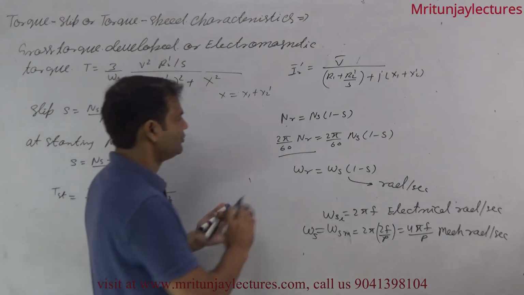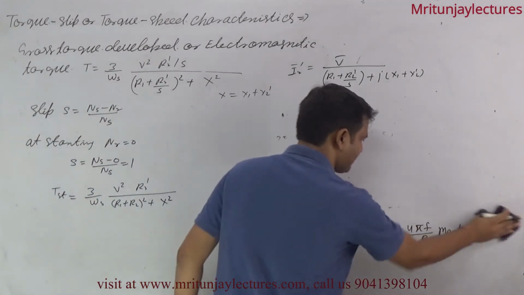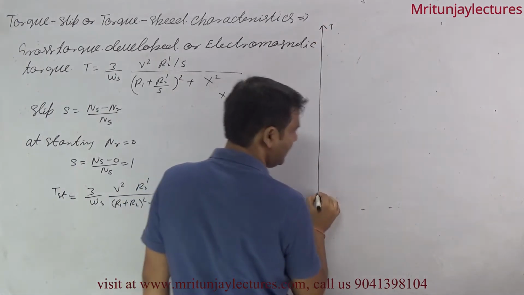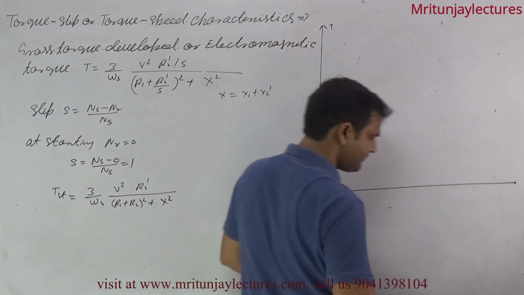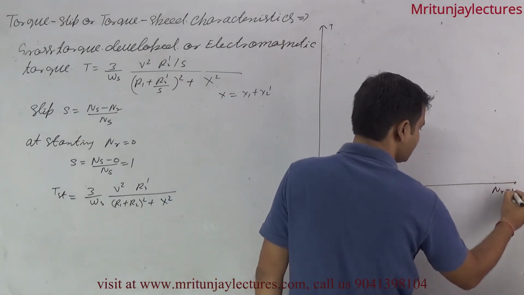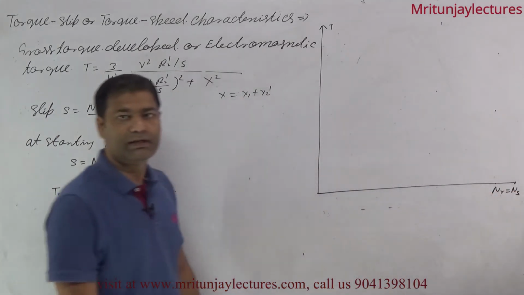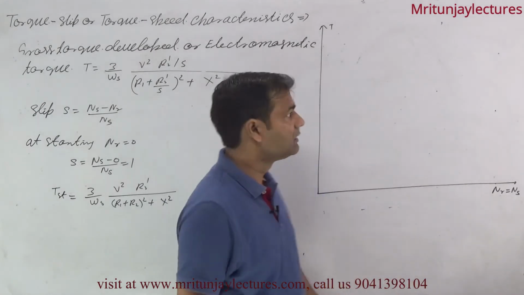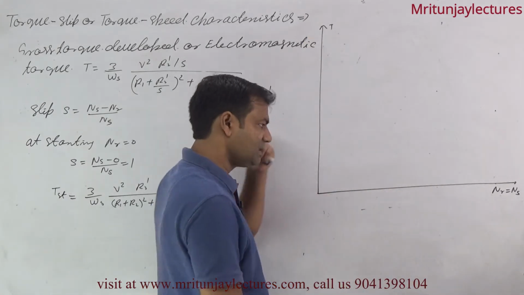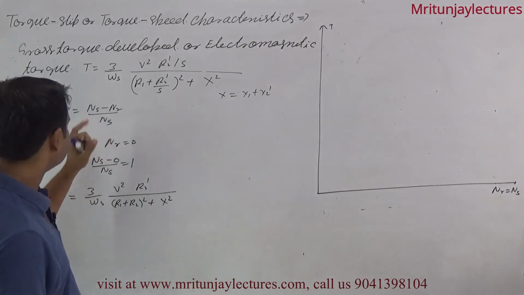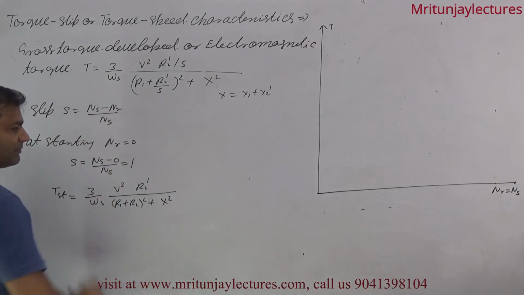Now how to plot? Now this one is torque and this one is speed, okay. At Nr equal to Ns, Nr like this, okay. Torque versus speed, or you can say slip. What about slip? Slip is written as Ns minus Nr divided by Ns.